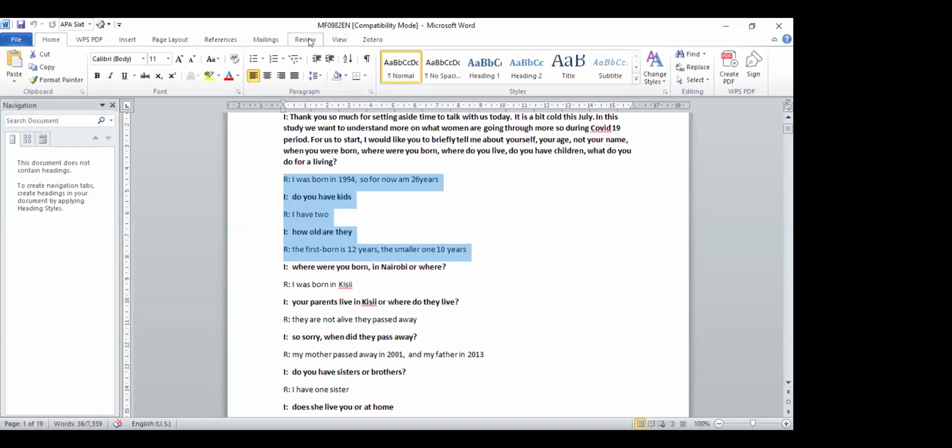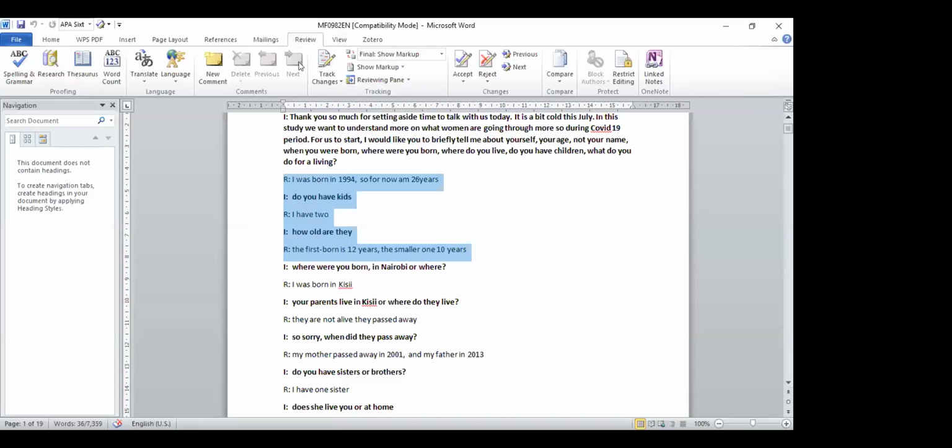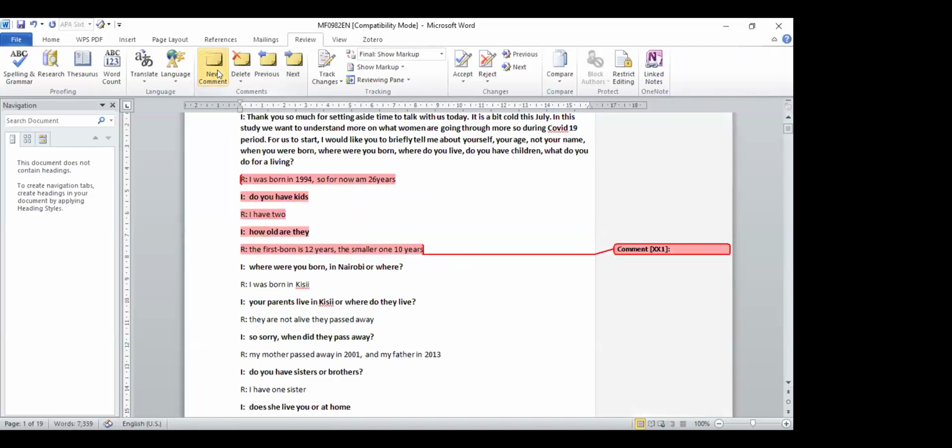You can put a comment, because if it is paperless, you are able to say perhaps what you are seeing here is a demographic aspect.